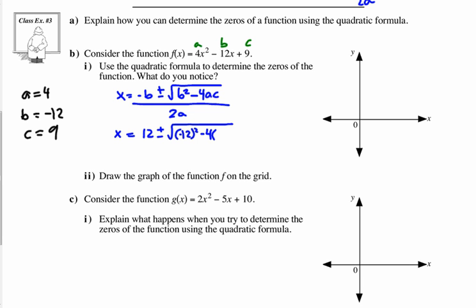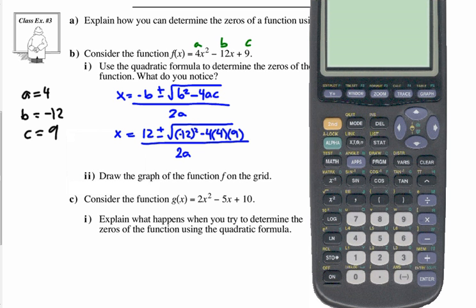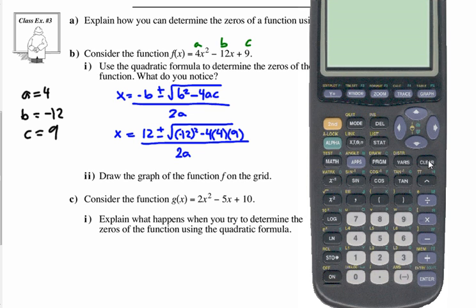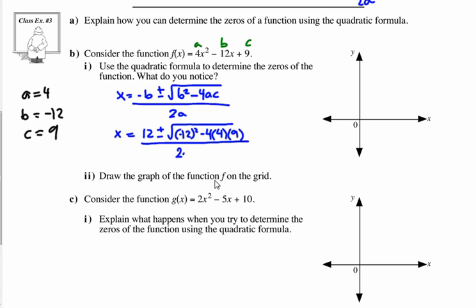So 4 times A, which is 4, and C, 9. Okay, we're going to figure out the inside right now. Grab your calculators and type in the inside of the square root first. Sorry, you're right, 2A should be 2 times 4.